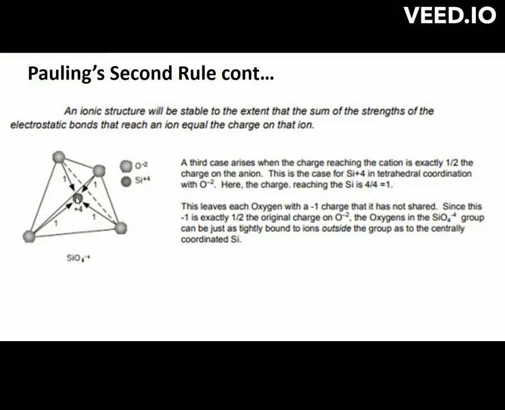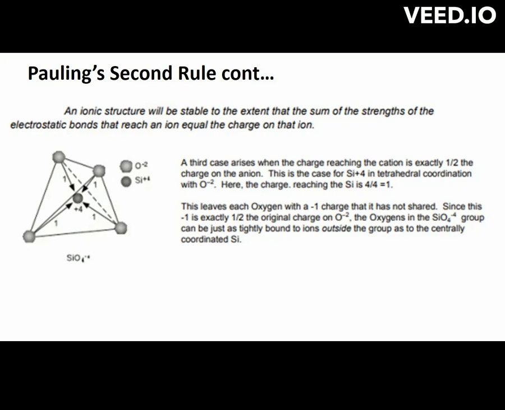Remember this rule: the sum of all these charges approaching the charge at the center must equal the charge at the center. If you check, 1 + 1 + 1 + 1 is equal to 4, which is equal to this +4. It's about charge neutrality.